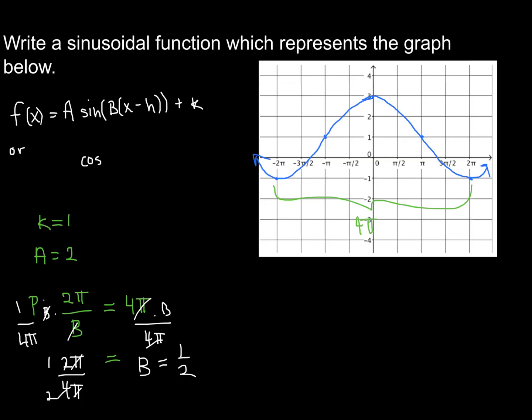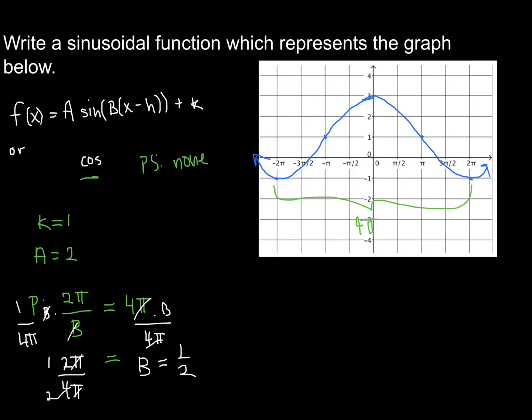So this fits a cosine function with no phase shift perfectly because it has a y-intercept at the max, and we know that a cosine function with no phase shift will have a y-intercept at the max. So we will choose a cosine function where the phase shift, there is none.